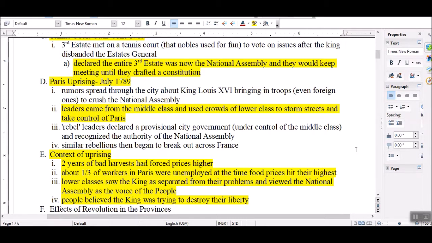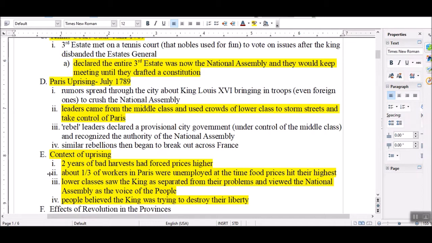And this is known as the Paris Uprising that starts in July 1789. Those rebel leaders end up declaring that the city is now under their control, specifically the control of the middle class, that they recognize the authority of the National Assembly to make changes to the government, and they are in charge. And using this example, similar rebellions are going to start breaking out across France.